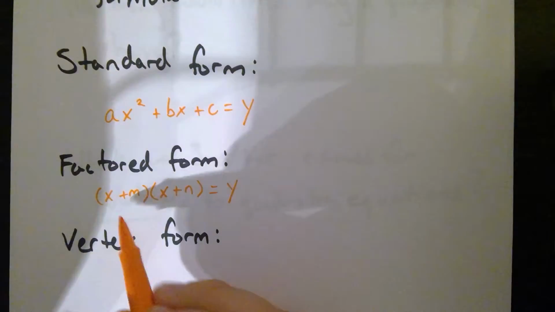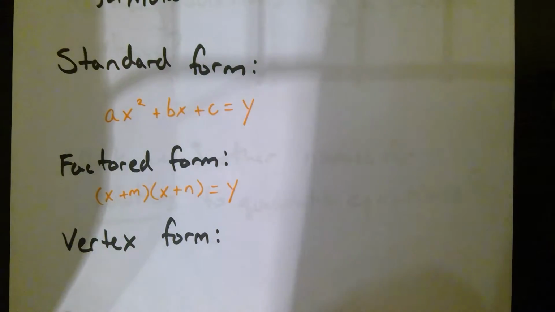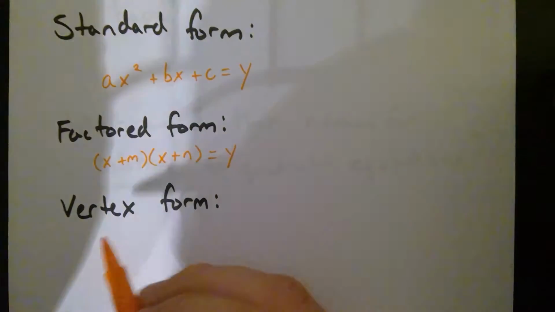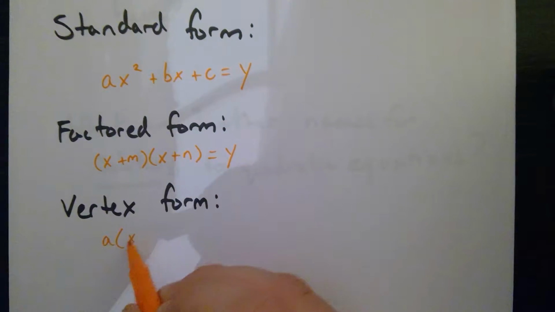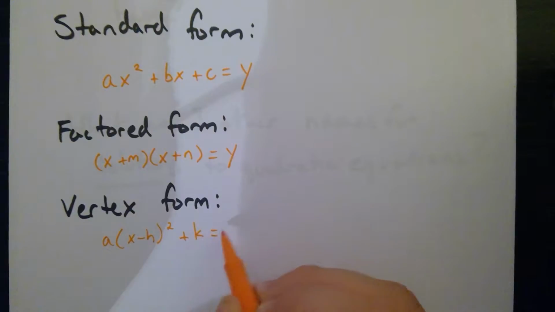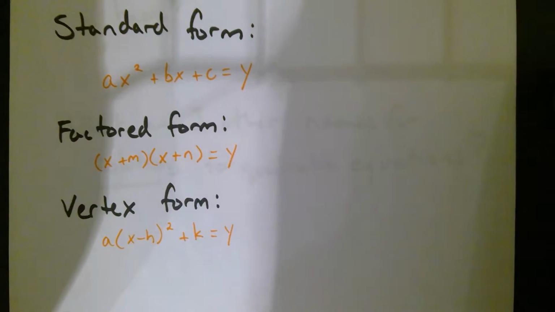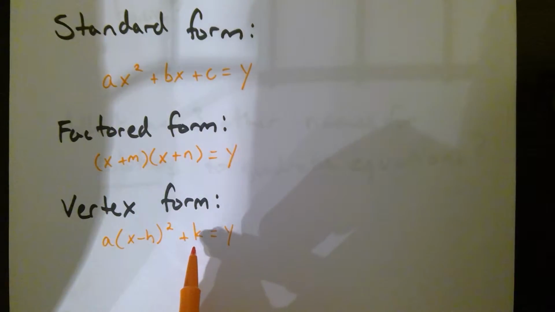We put these into factors that we multiply together. And then vertex form is where we have a times (x minus h) squared plus k equals y. That will give us the vertex of our parabola, which will be at h comma k.